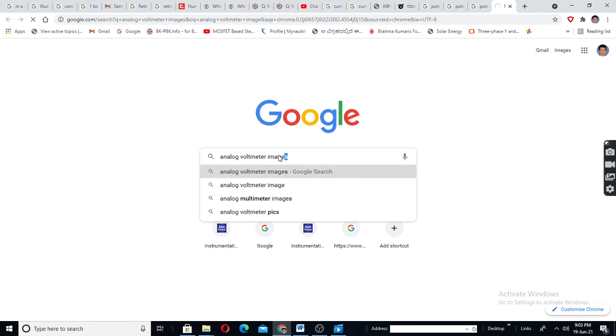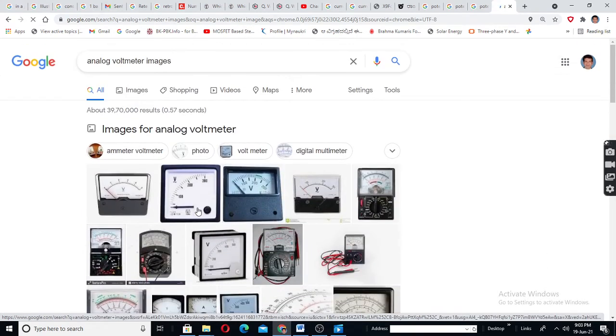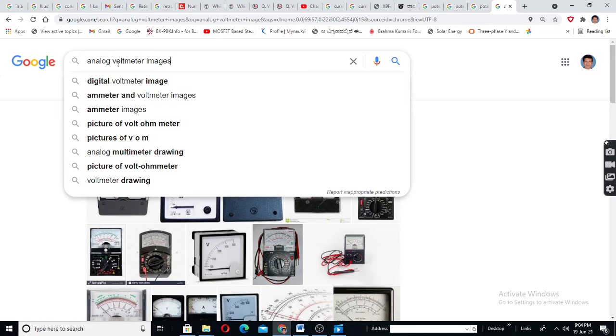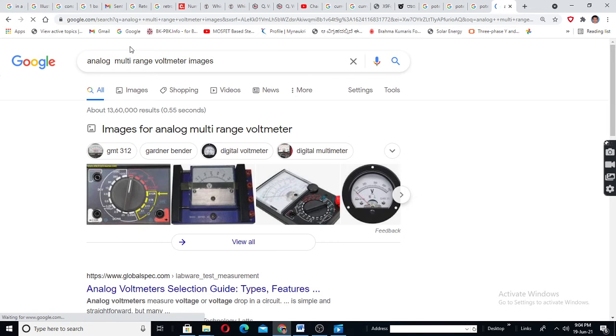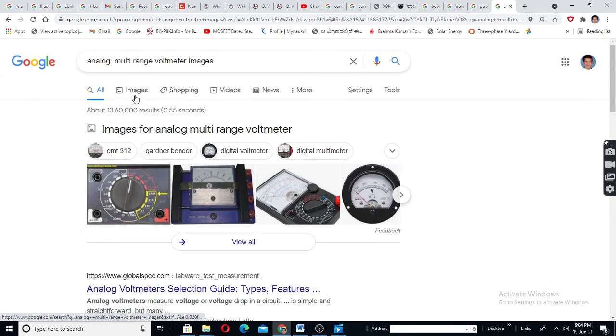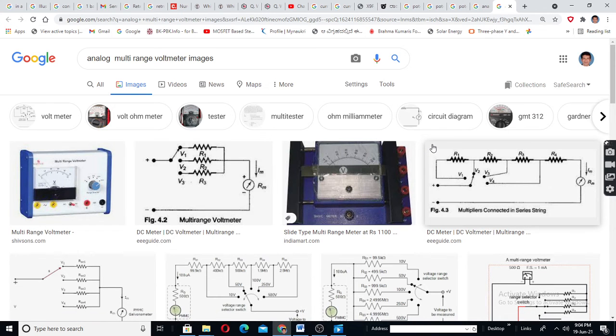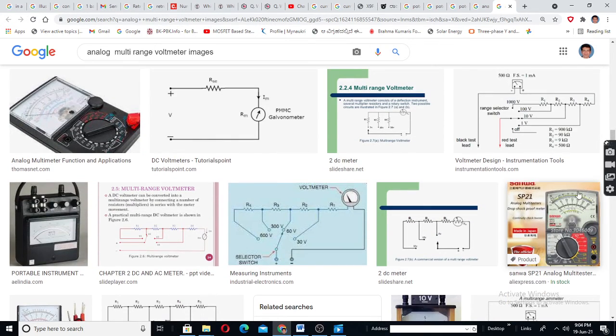You will have an image like this, analog multi-range voltmeters. Here you can see.